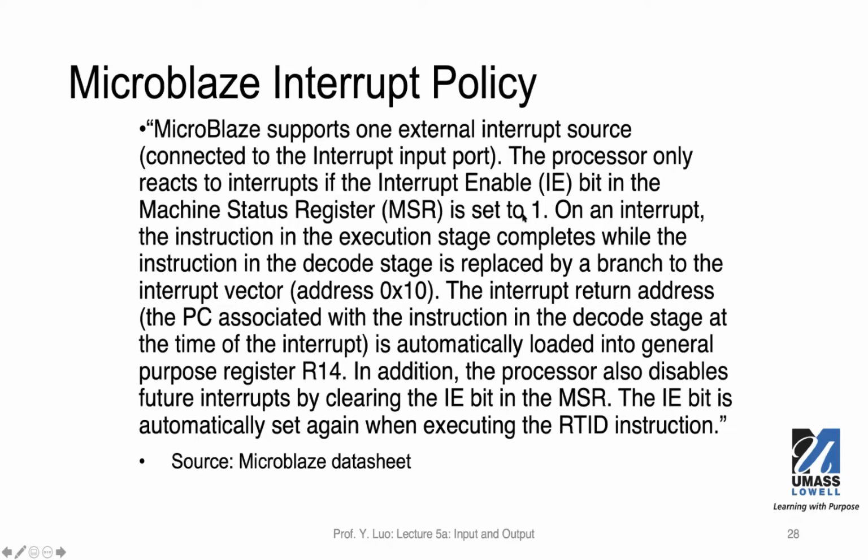This is often the case for many microcontrollers. Although the exact control register's name is going to be different, you may call it differently, there's always some bit in that register called interrupt enable. Interrupt enable, you can think about this as a master control bit.